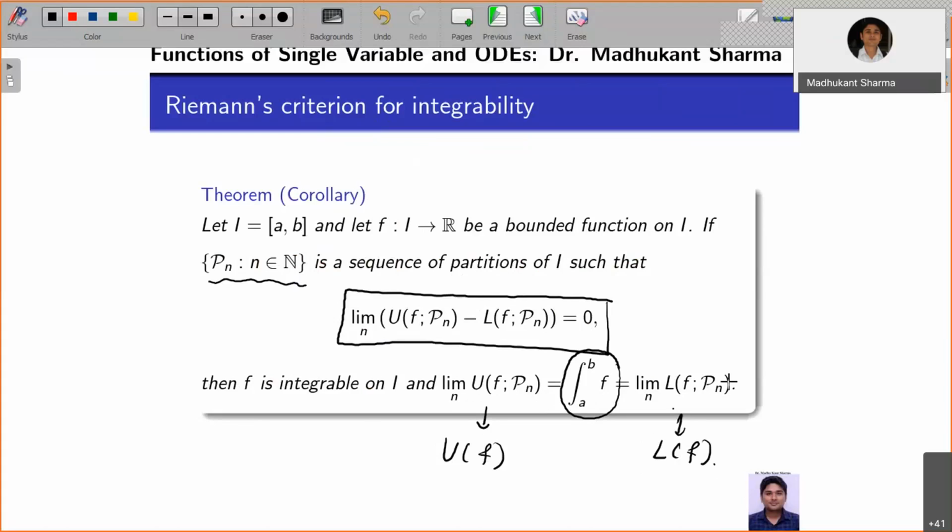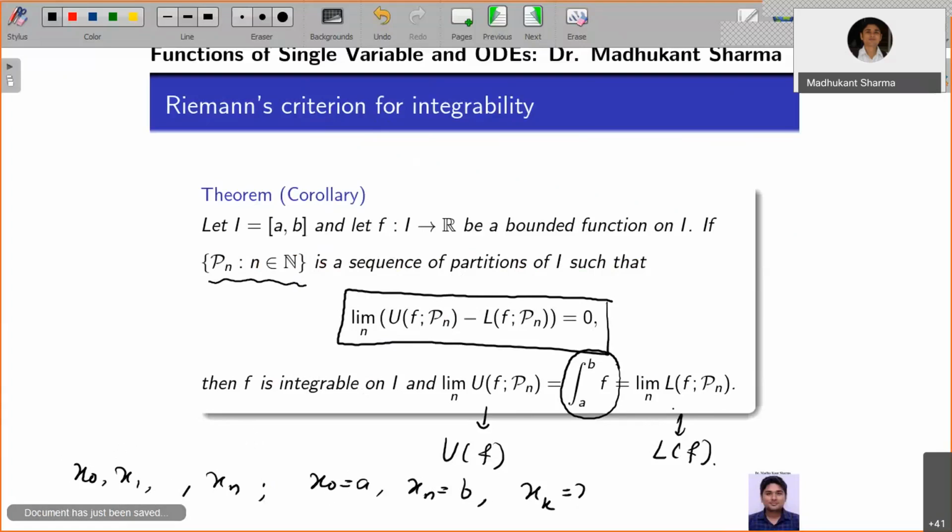This is why, when we tried to establish the Riemann integrability of the Thomae function, we considered a sequence of partitions. By considering equidistant points, you can start with x0, x1, and so on up to xn, where x0 is equal to a and xn is equal to b, and xk is equal to x0 plus k times h.